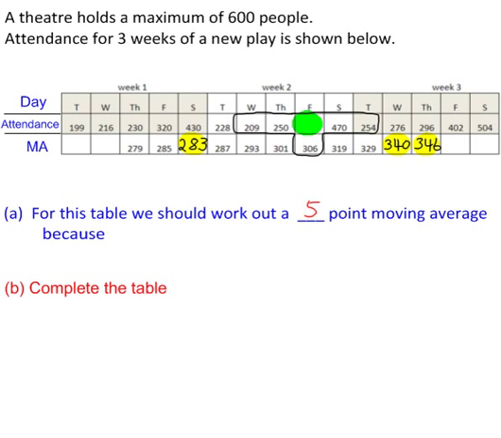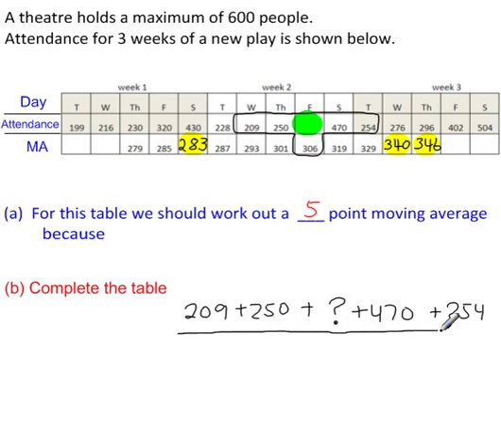Now we know that 209 plus 250 plus the missing value there plus 470 plus 254, all of those added and divided by 5, because it's a 5-point moving average, would give 306.